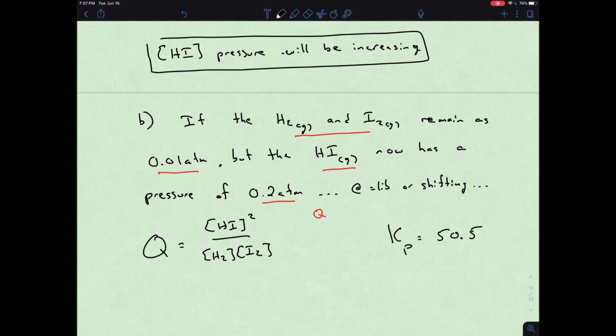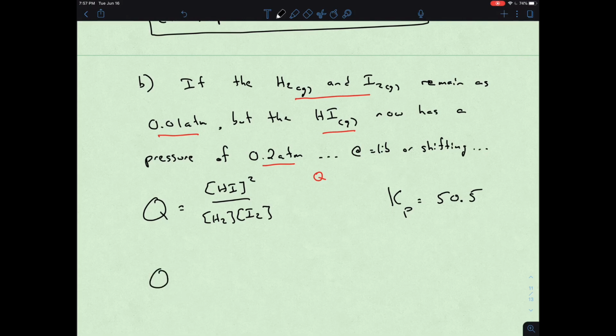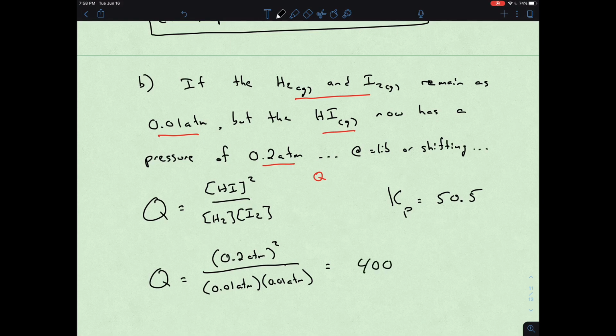It's 50.5. So if we substitute, we have now 0.2 atmospheres squared in the numerator, and then again 0.01 atmospheres for both our starting materials, and here we get a Q equal to 400.